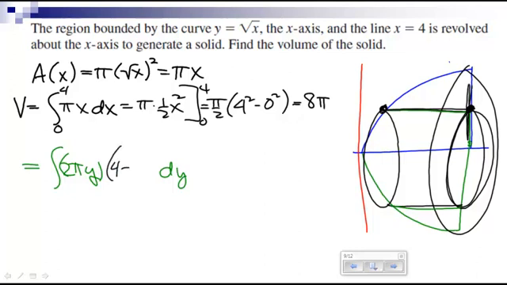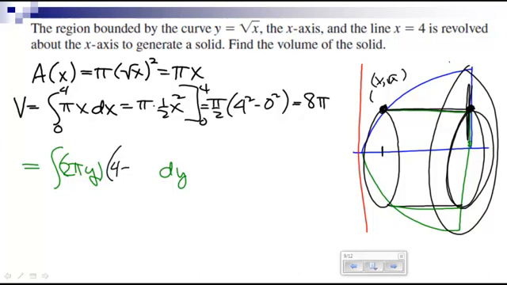4, minus here. I need to know what coordinate this has. This point right there. I know it has the point x comma square root of x. But that's not helpful. I need to write something in terms of y.